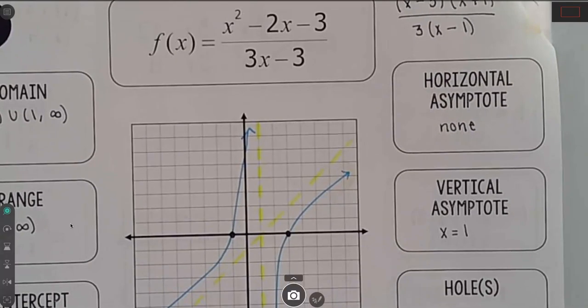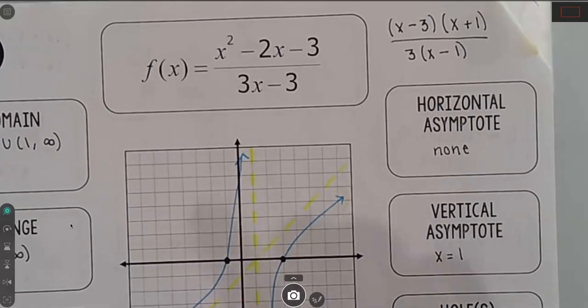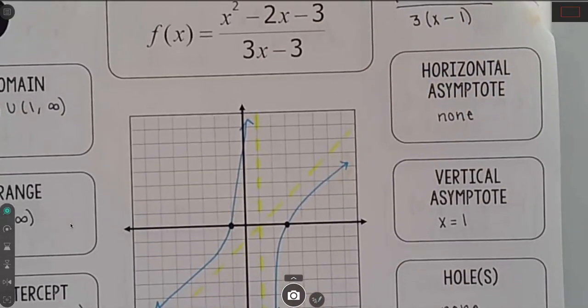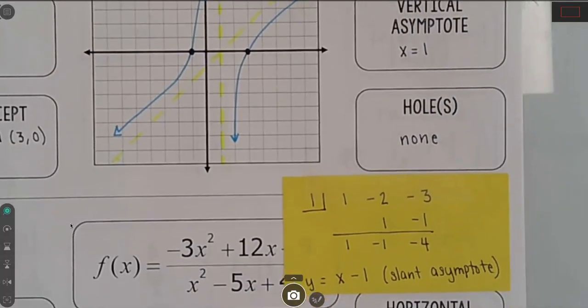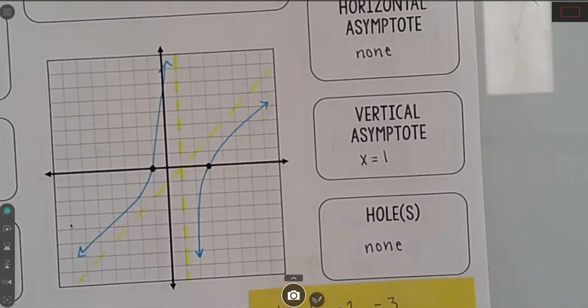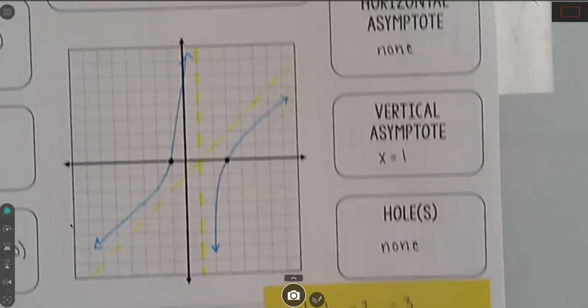Now, one thing you could notice in this case, the degree of the numerator is 1 higher than the degree of the denominator, so there is a slant asymptote going on here. And you would find this using synthetic division.